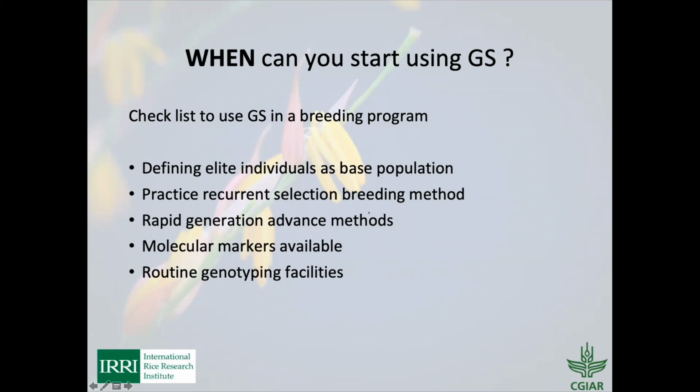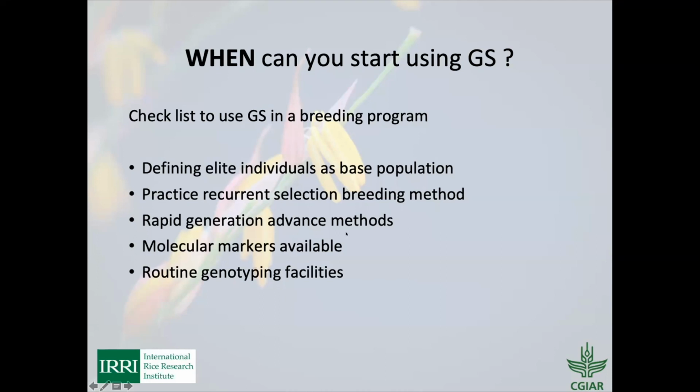And then we also have to have some kind of rapid generation advance method, not do any kind of pedigree selection. We need to have single seed descent. You can do it either in a greenhouse or a field, but some way you need to reduce the cycle length, because GS, of course, helps us increase the rate of genetic gain, but we also have to have other generation-reducing techniques in order to have an efficient way of increasing your rate of genetic gain.